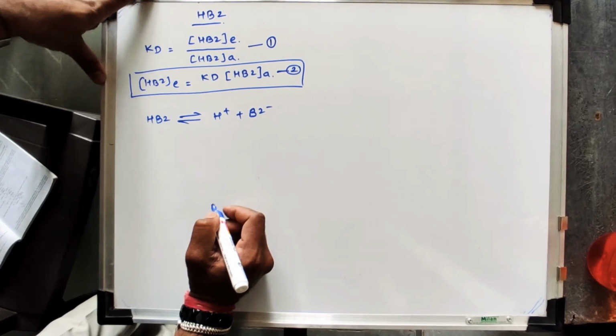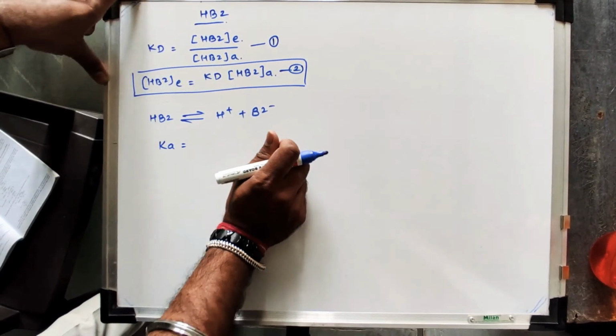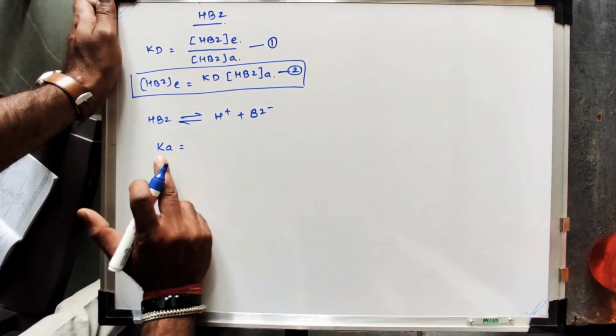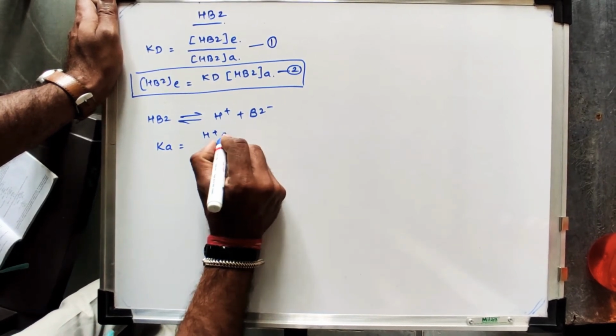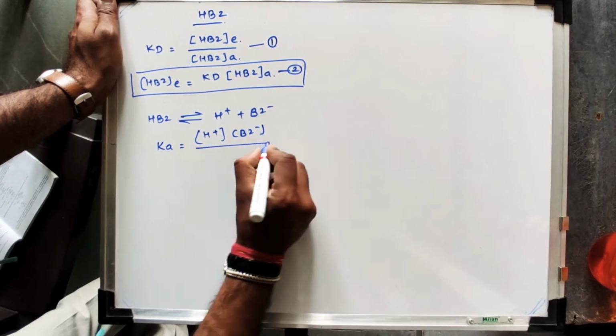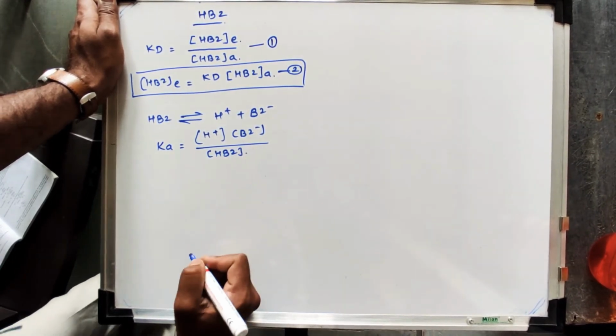From the dissociation reaction, I can write the equilibrium constant or dissociation constant for this benzoic acid in the aqueous layer. So I am writing here Ka, which is equal to H plus into Bz minus divided by HBz, right?